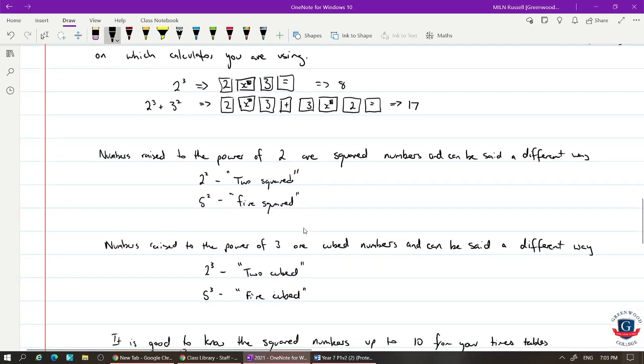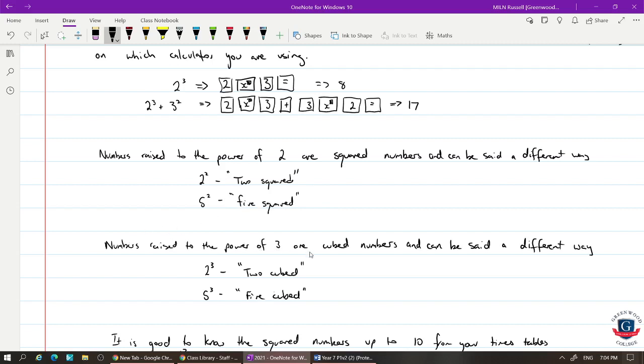The very last thing I want to go through is that there's two special cases with index laws, or indices itself. We talk about squared numbers, and a squared number is just a number that's to the power of 2. We say it in a different way, but we mean the same thing. So 2 squared is the same as saying 2 to the power of 2. 5 squared is the same as saying 5 to the power of 2.